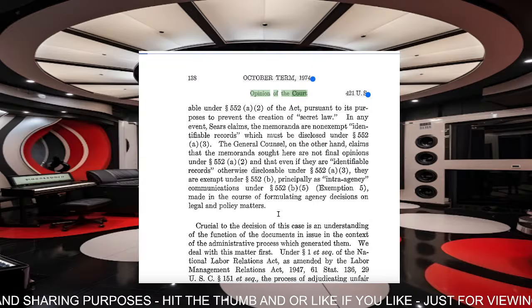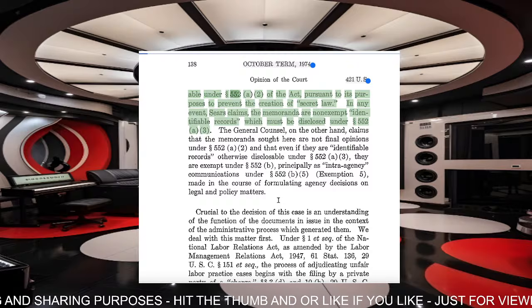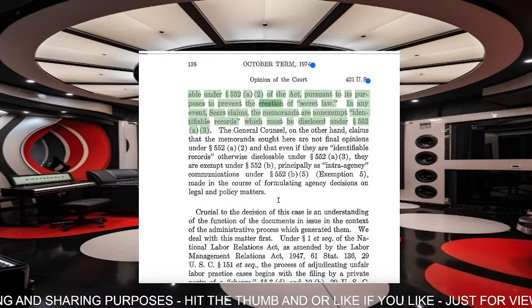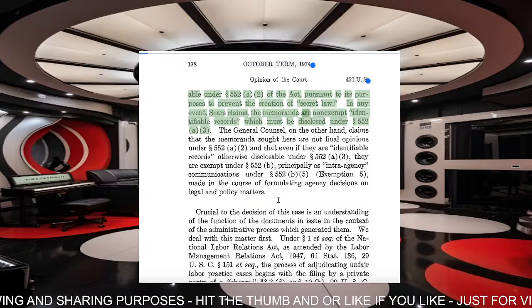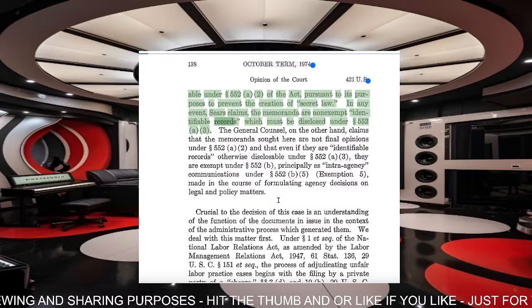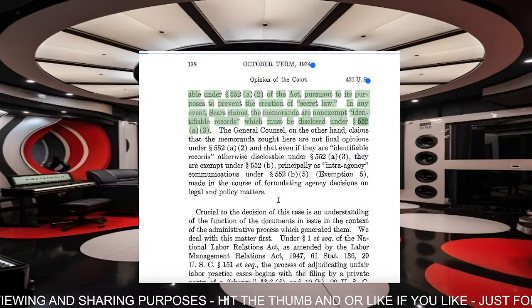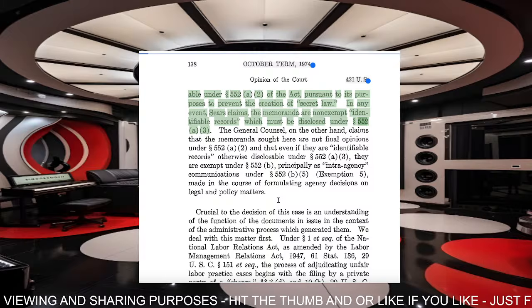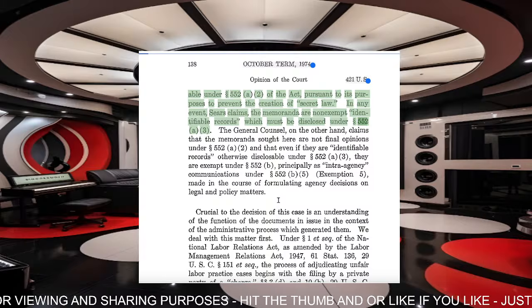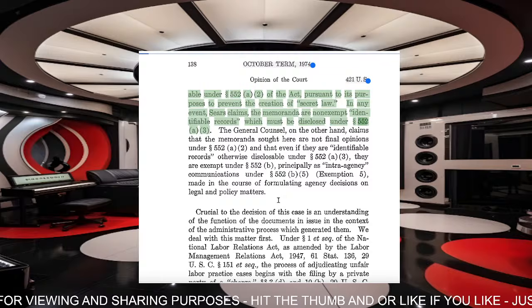Opinion of the Court. Available under 552 of the Act, pursuant to its purposes to prevent the creation of secret law. In any event, Sears claims the memoranda are non-exempt identifiable records which must be disclosed under 552.